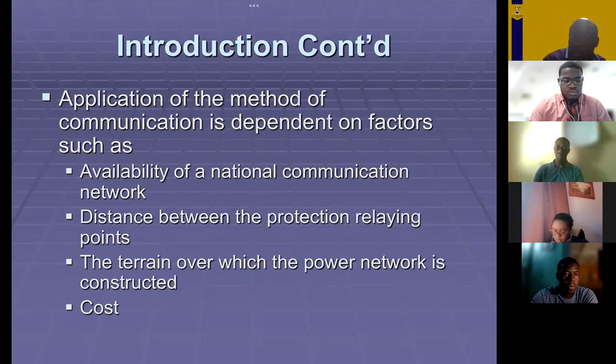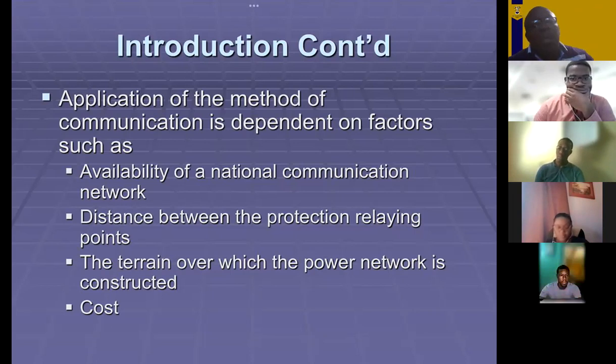I spent a little time talking about that, whether or not we have mountains and we are able to get the line of sight. If I can't get line of sight, then microwave is not an option, simply put. If you can't have the antennas properly lined up so that they are looking at each other, then microwave is not on the cards. Right?